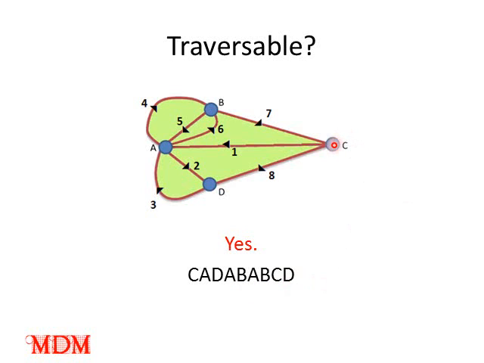So starting at C, I went to A, then D, back to A along a different edge, then to B, then to A along a different edge, back to B on a different edge, to C, and finally to D. So each of those vertices are listed in the order for the path that I took. Again, you may be able to show this in multiple ways.